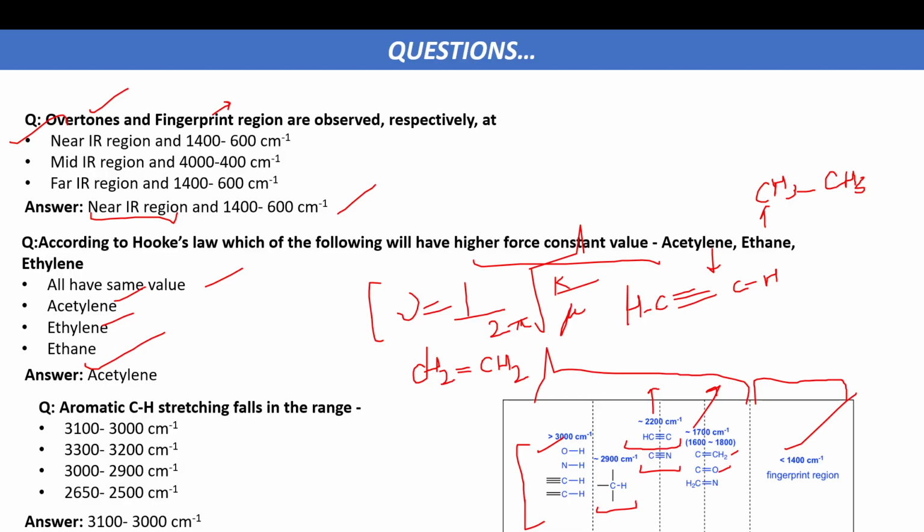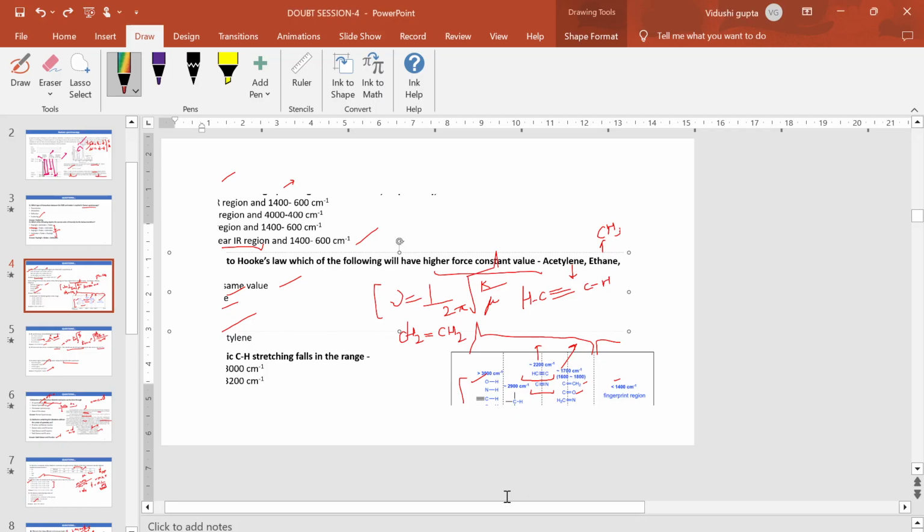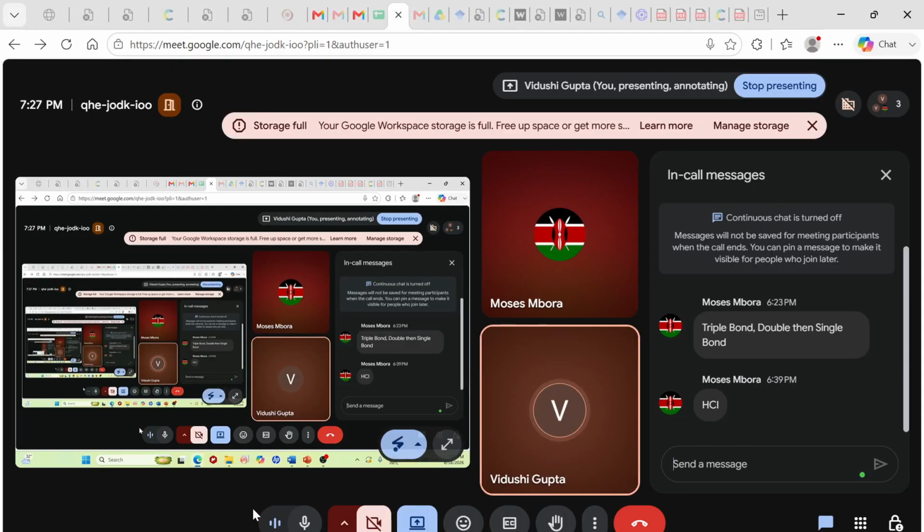But the exact values for the ketones, acids, and esters, maybe in the next class I will share the chart so that it can be easily understood. It will also be available in the textbooks as well as on the internet. There is a chart where different functional groups are observed at different wave numbers.